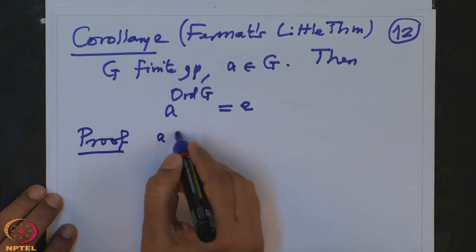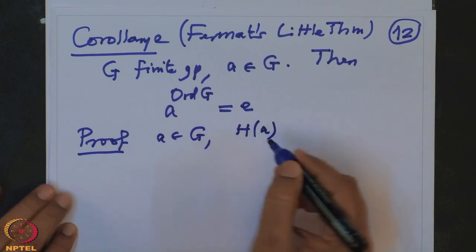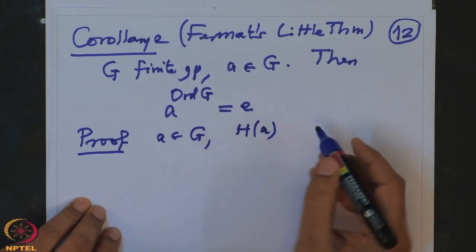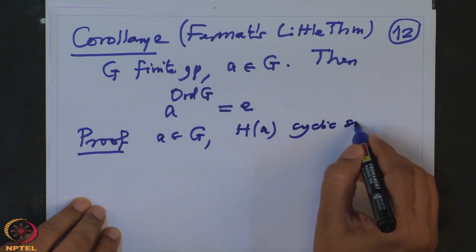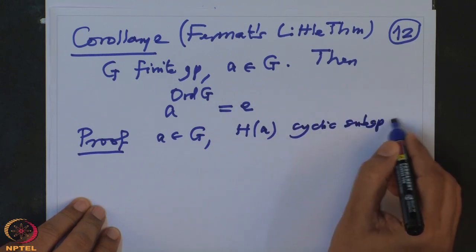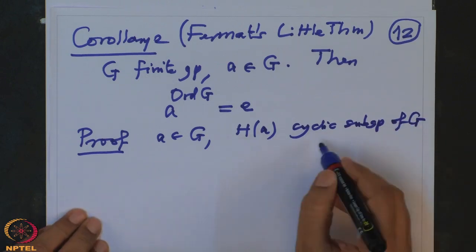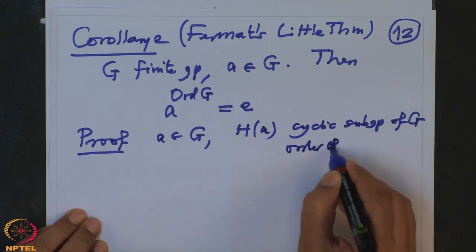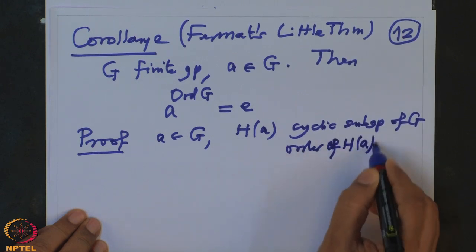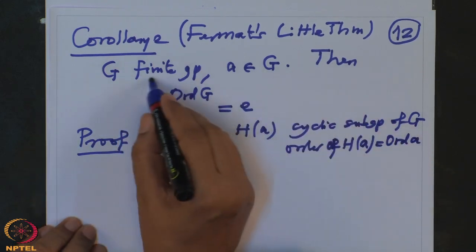Let A be in G. Then as usual we know what H(A) is. H(A) is the subgroup generated by A. This is obviously a cyclic subgroup of G because it is generated by A, and the order of H(A) is by definition the order of A.